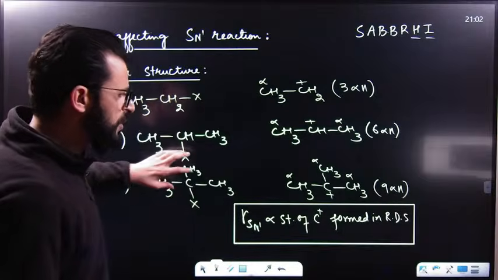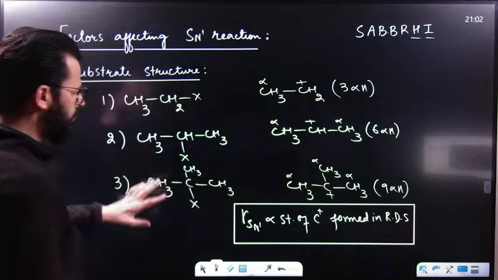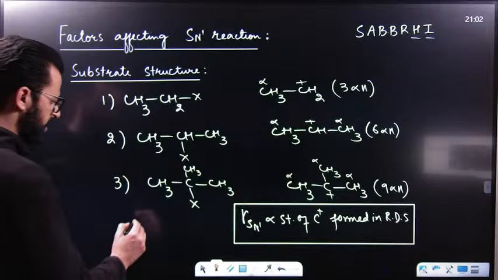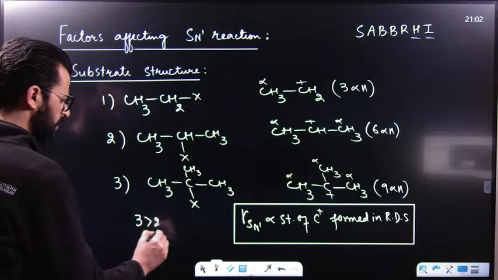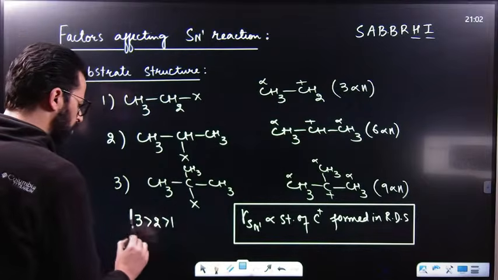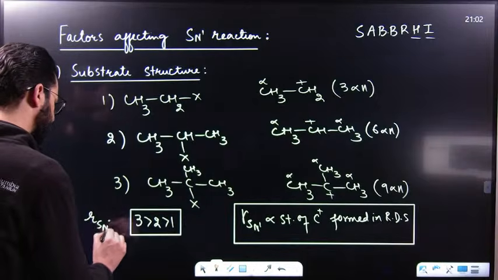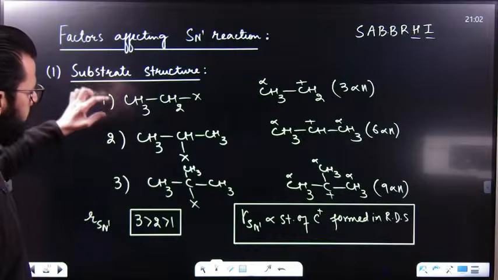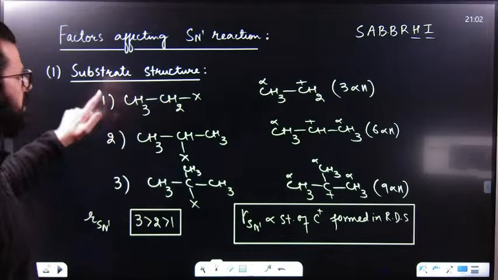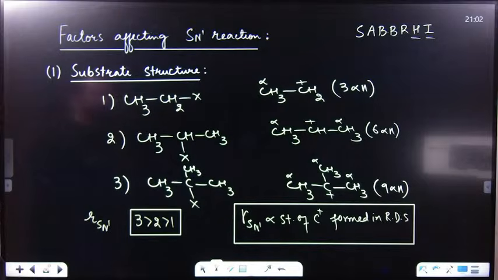So this substrate forms most stable carbocation. So what will be the order of SN1 reaction over here? Can I say it is 3, 2 and 1. So this will be the rate of SN1 order. I hope this is clear. So rate depends on the structure of the substrate. That's why first factor is substrate structure.